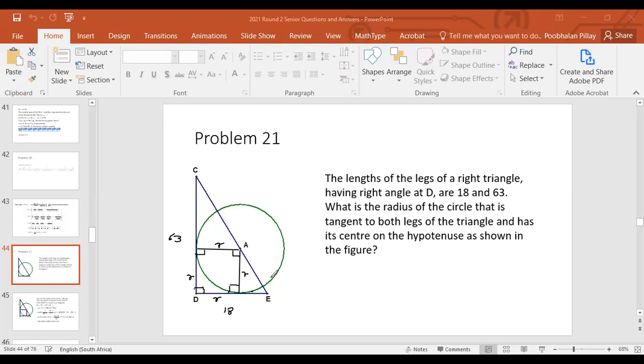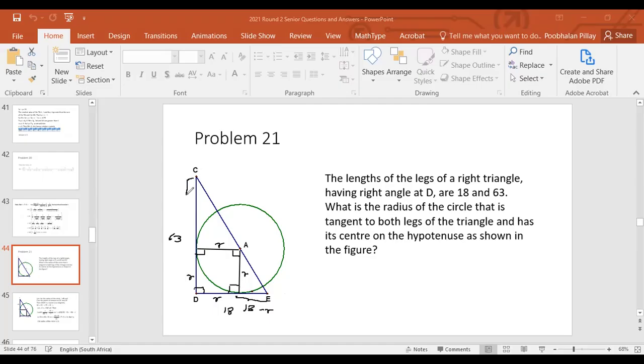Mathematics is full of problems which end up in equations which you have to solve. Okay, the whole thing is 18, so at least we can make some progress here. This part here is 18 minus R, because the entire line is 18. And likewise, this is R, and the whole thing is 63.